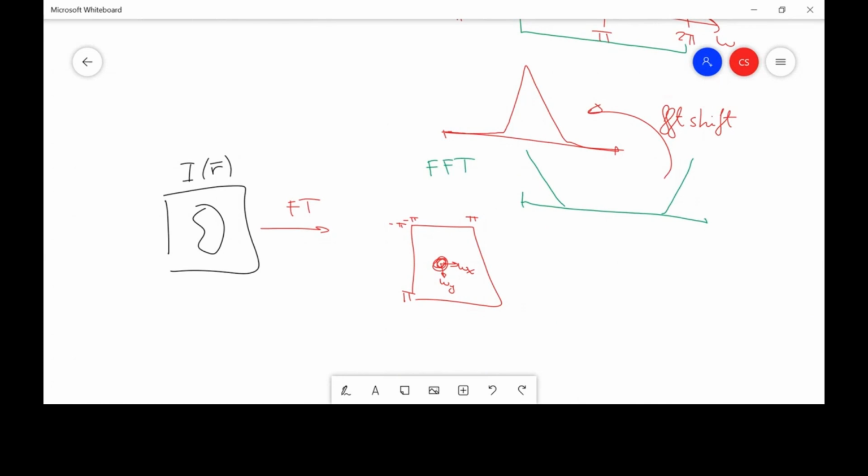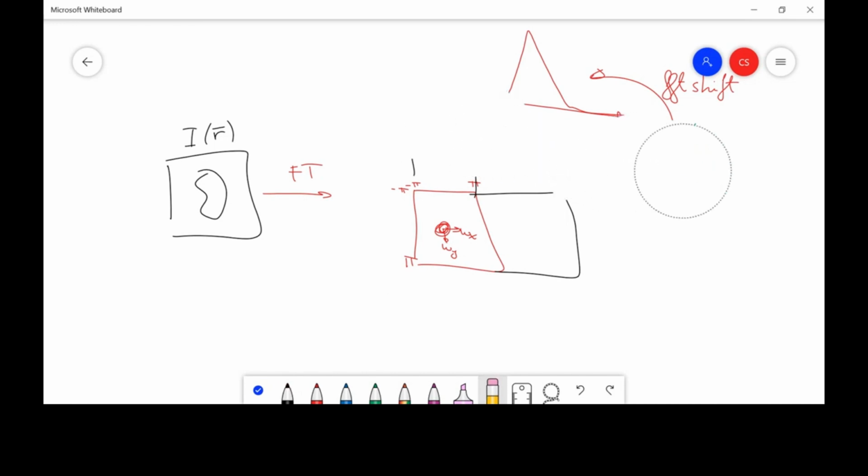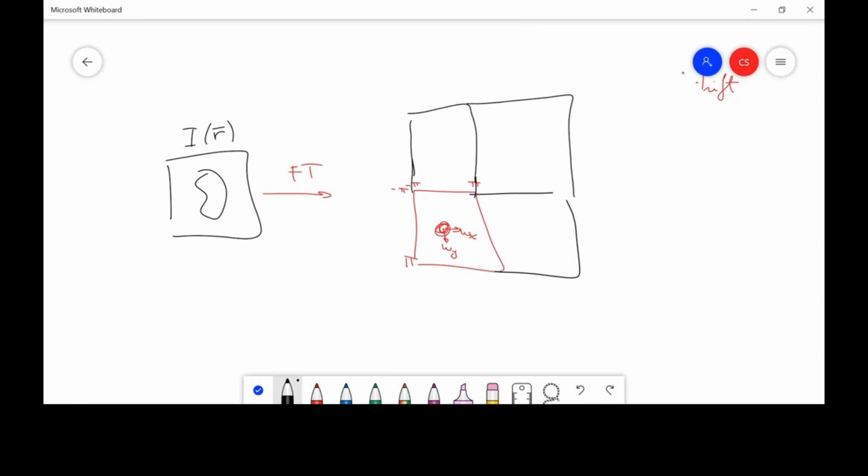But this is periodic, meaning that there are copies of this. There are infinite copies. Let me erase this part. Everyone said that this is the 0 frequency in this direction. Let's put first y, so this would be 2 pi 0. But at 2 pi 0, I have another copy.